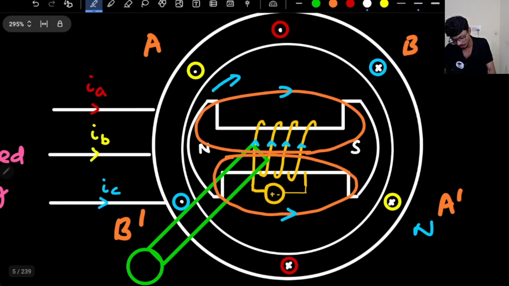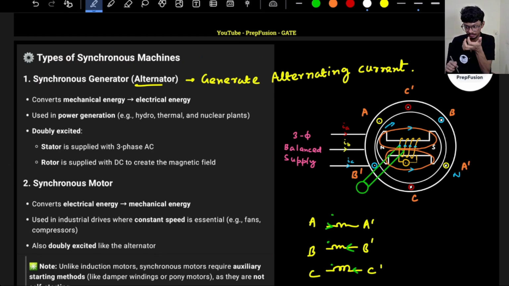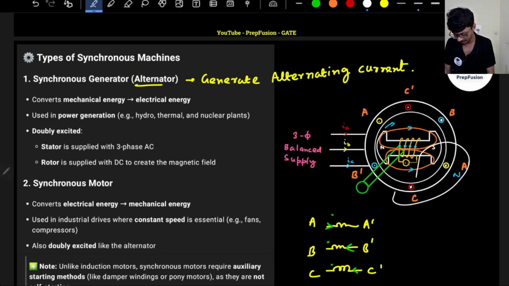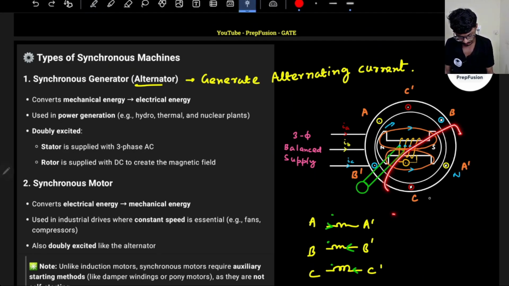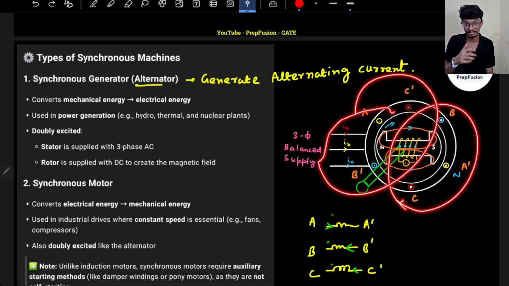So now if you observe one thing, on the top left hand side, the current is leaving, right? It is dot, so it will be something like this. You just curl your fingers along the direction of the current, and in the bottom side, current is entering. You see all crosses are there. In the top side, current is leaving, right?